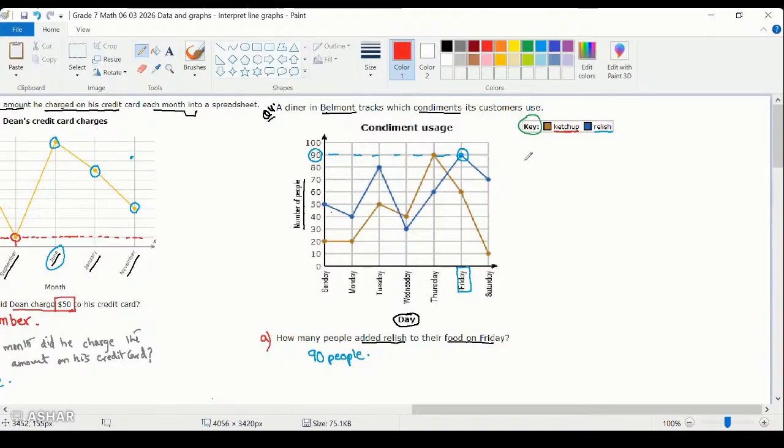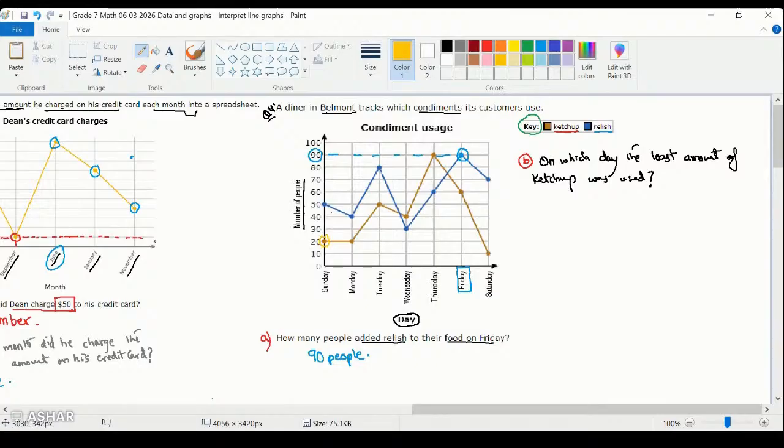Let's look at another. On which day was the least amount of ketchup used? Since we know the brown represents the ketchup, right? This was 20 people.